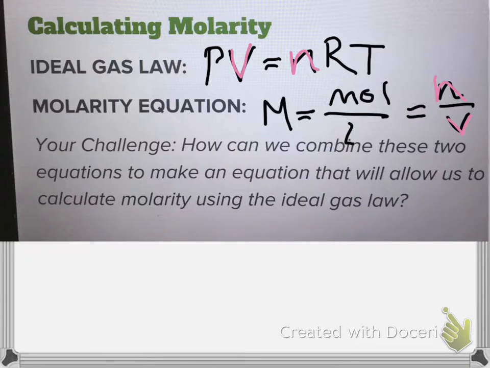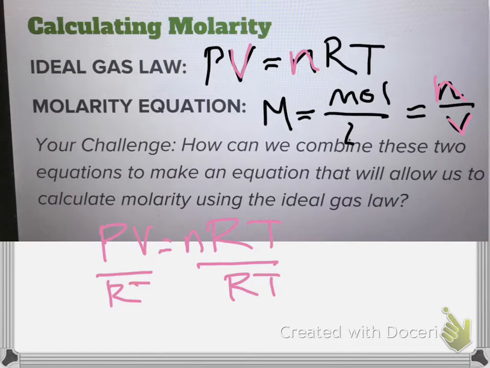moles divided by volume. So if we take our gas law equation, PV equals nRT, and we divide both sides by RT, we now have PV over RT equals n.